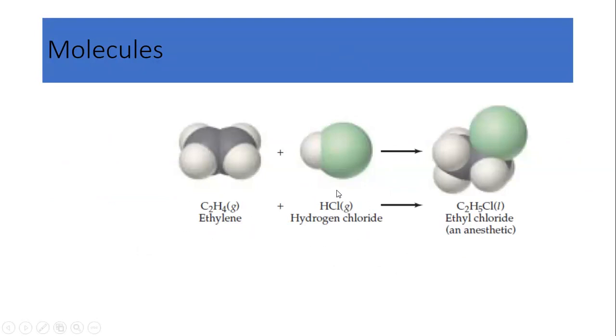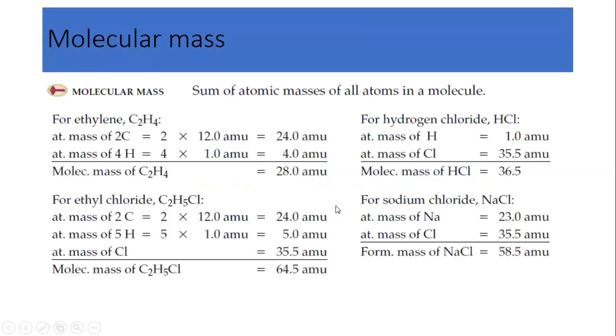HCl, hydrochloric acid, is a molecule. C2H5Cl, this is called ethyl chloride. It is also called a molecule. First we calculated the atomic mass, the mass of the atom. Now we are going to calculate the mass of the molecules.